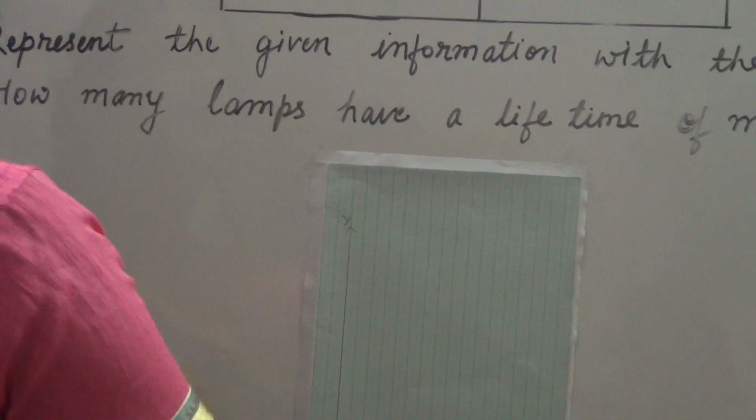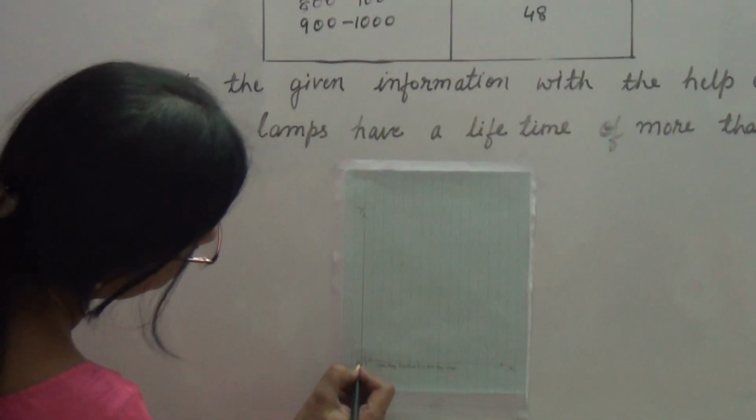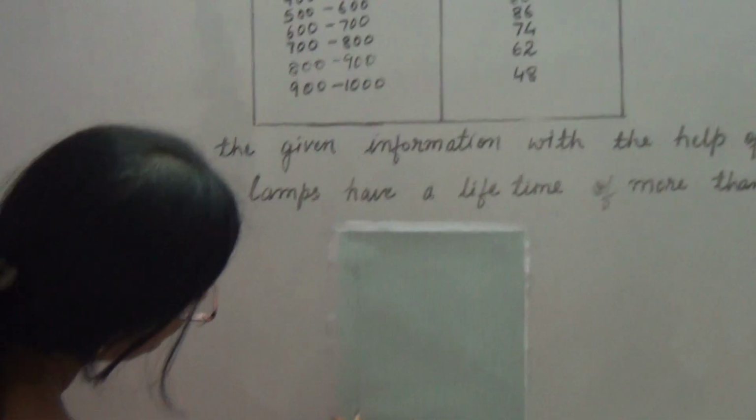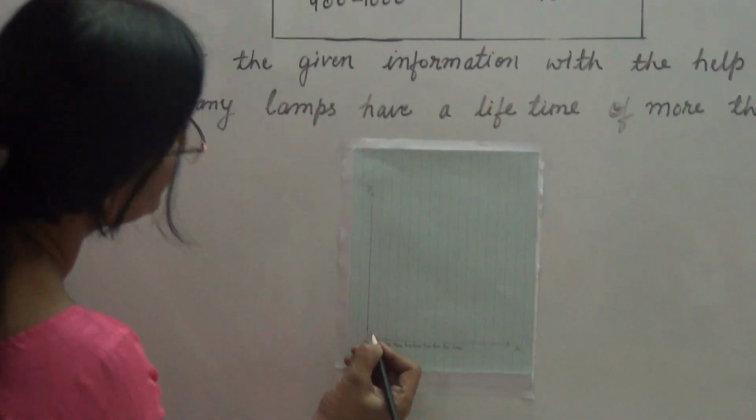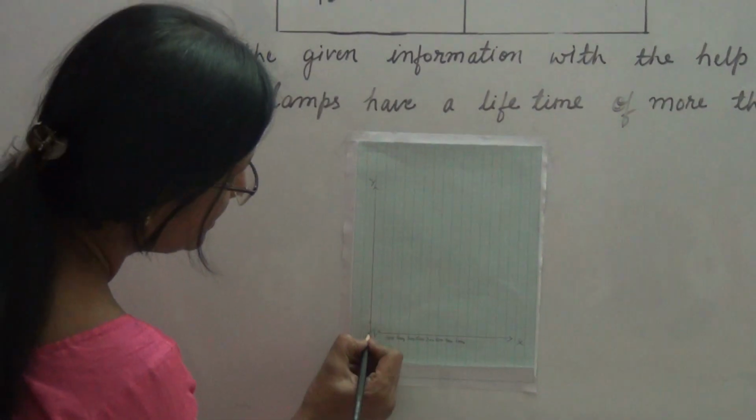Y. Now along the Y axis, the lowest value is 14 and the highest value is 86. So it's better if we take 10 small divisions equal to 10 lamps. So here at this point it is already 0.